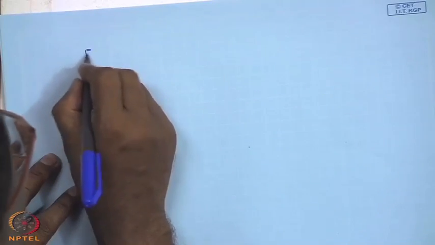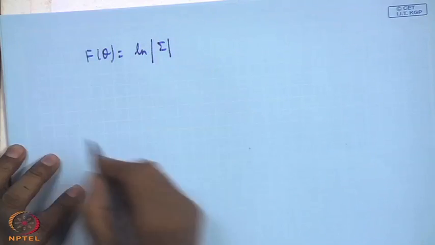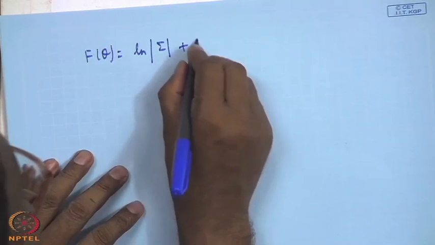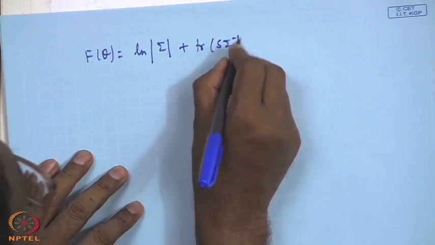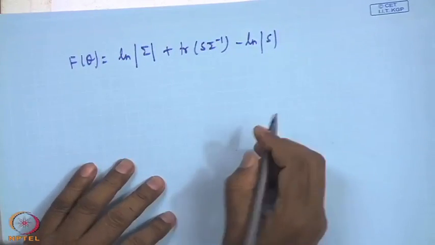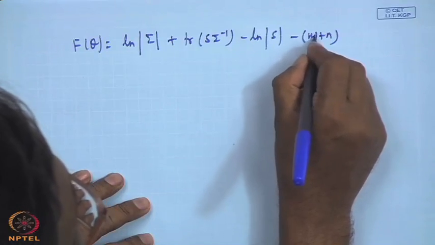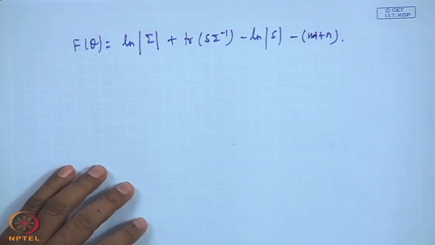So, your resultant fit function becomes f theta equal to log of determinant of sigma plus trace of S sigma inverse minus log of determinant of S minus m plus n. Okay.